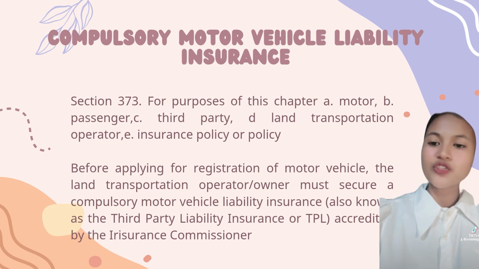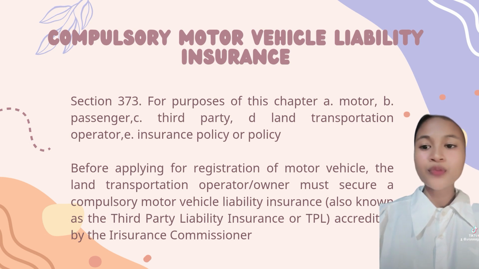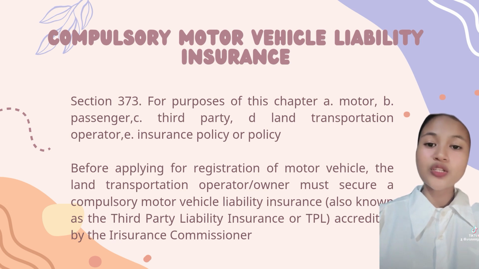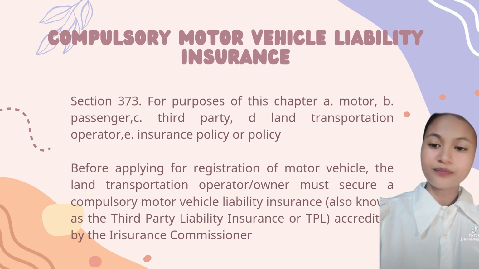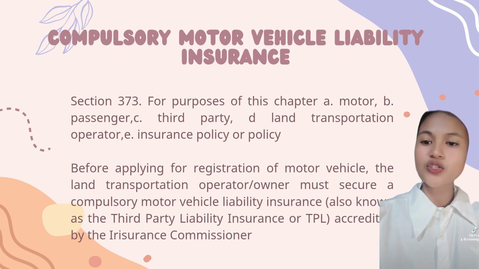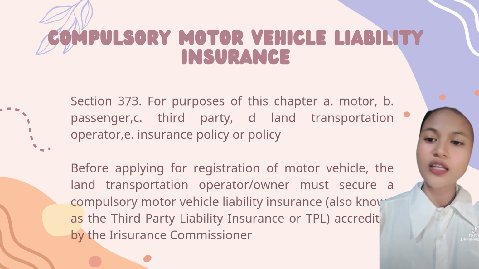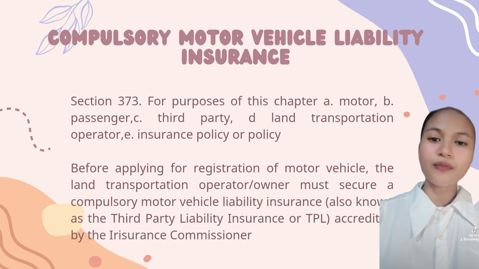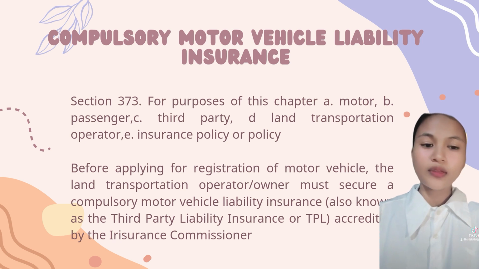And for D, the land transportation operator means the owner or owners of the motor vehicles for the transportation of passengers for compensation, including school buses, as amended by PD 1455. And E, the insurance or the policy refers to the contract of insurance against passenger and third-party liability for death and bodily injuries arising from motor vehicle accidents, as amended by PD 1814.